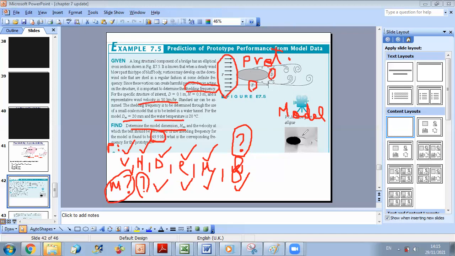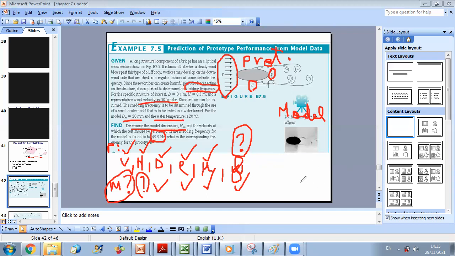Okay, and we can extrapolate experimental results to the real case, and we can determine what velocity should be used in the experiment based on this. So this is how they set the condition of the experiment. They say, I know this about my prototype. I want the model to be representative, so I should have the same dimensionless numbers.